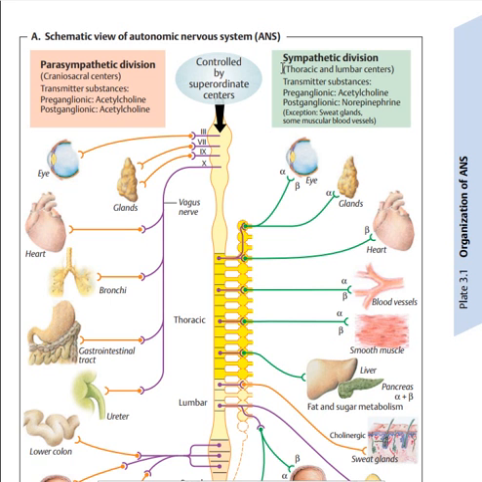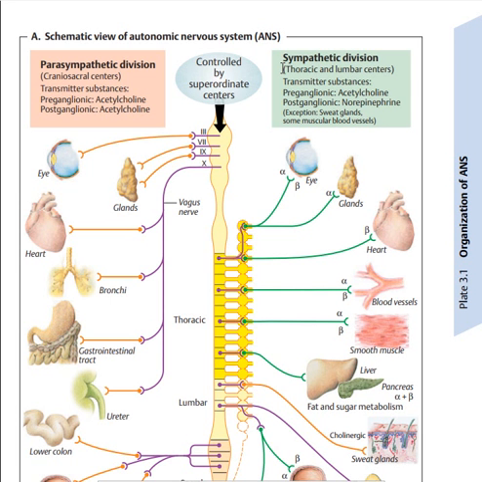So as a general rule, just keep in mind that the autonomic nervous system always has a ganglion, full stop.